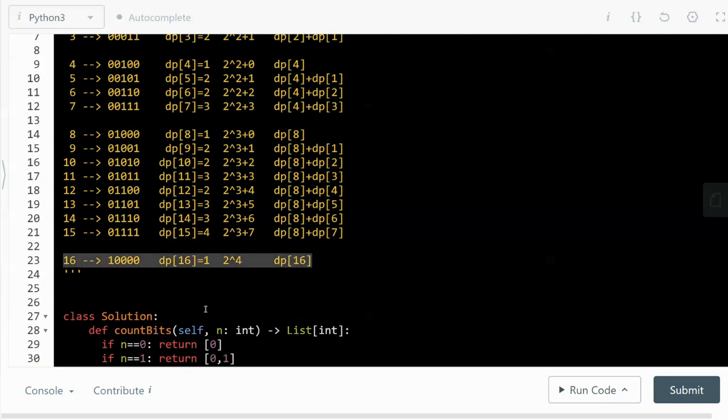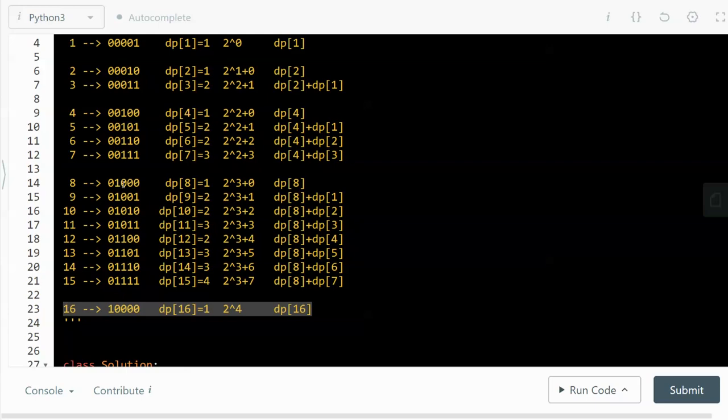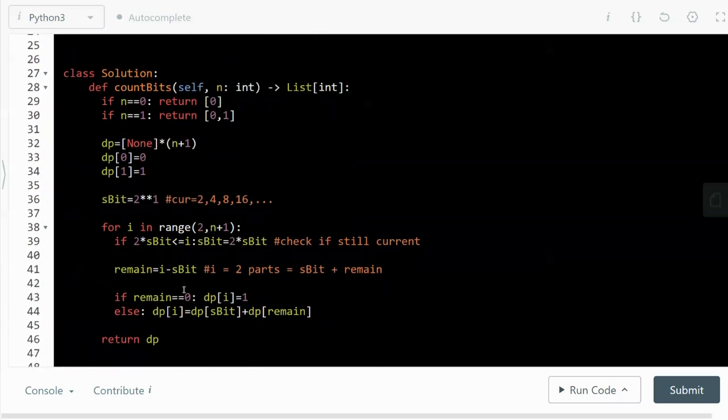It accounts for the dp at the significant bit always being 1, right? Because 16 is 1 0 0 0 0, for example, and 8 is equal to 1 0 0 0. That's why at each of those points, dp is always equal to 1. And then for other points, we can decompose the dp by the dp at the significant bit plus the remain.